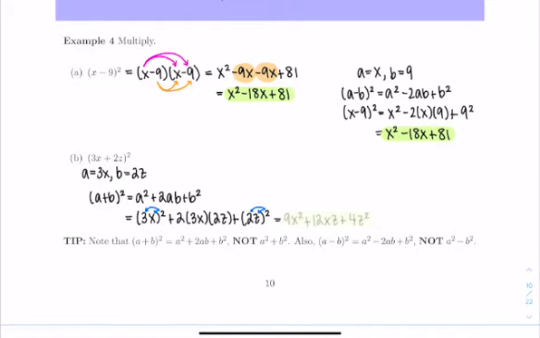And so we end up with 9x squared. In the middle, we have 2 times 3, which is 6, and 6 times 2, which is 12. And then we have x and z. And then for the last term, we're going to get 4z squared.